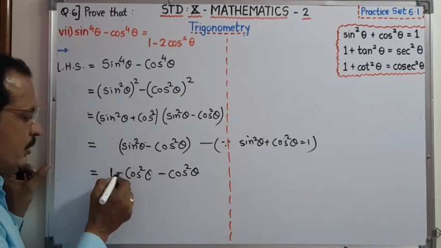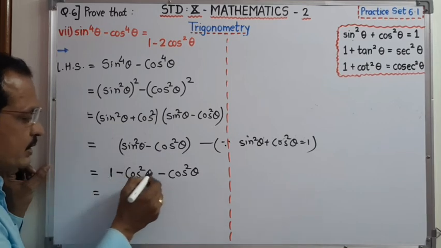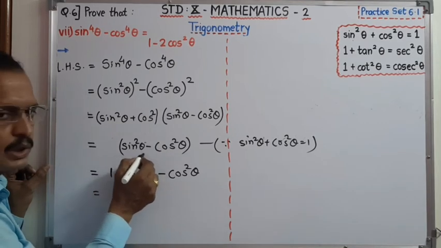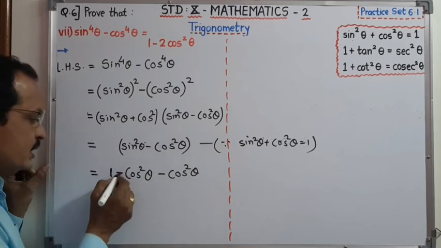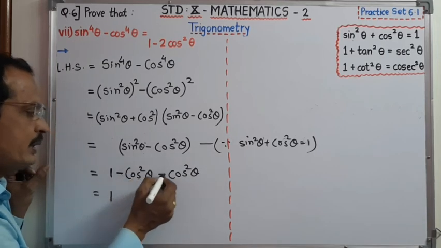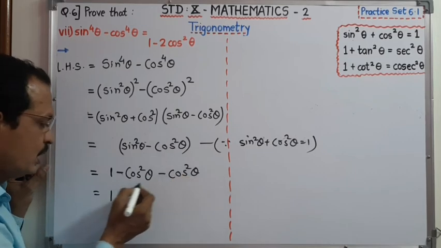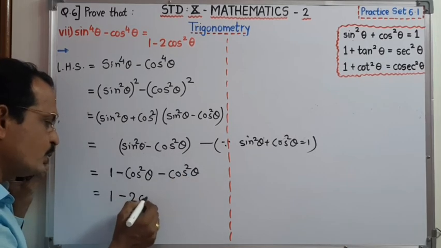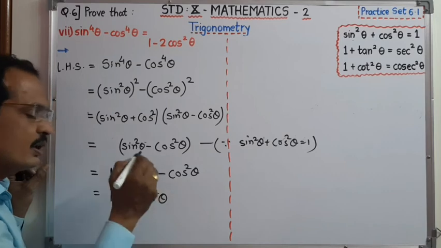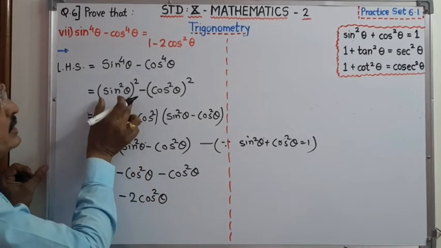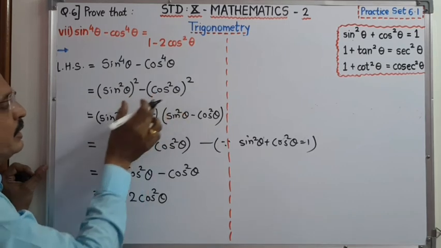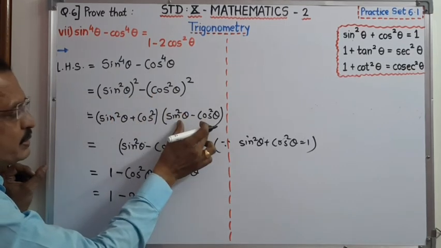Now here, this 1 minus cos square theta is the value of sin square theta, and this cos square theta remains. This is 1, this is minus cos square theta, and this is 1 minus cos square theta, that is minus 2 cos square theta. Yes, student, see, very simple: this a and this b, therefore a plus b, a minus b.